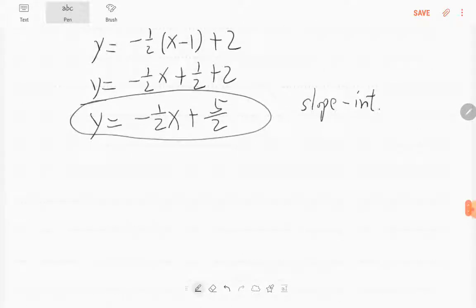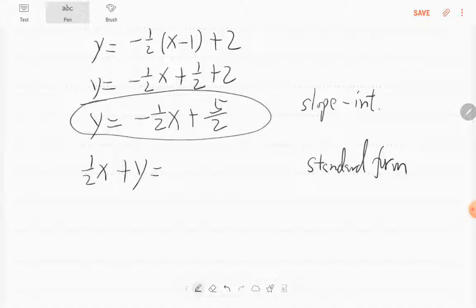And if it asks you to give the standard form of the linear line, we put the xy terms on one side and a constant on the other side. So we add 1/2 x on both sides, so it would be 1/2 x plus y equals 5 over 2. So this is the standard form.